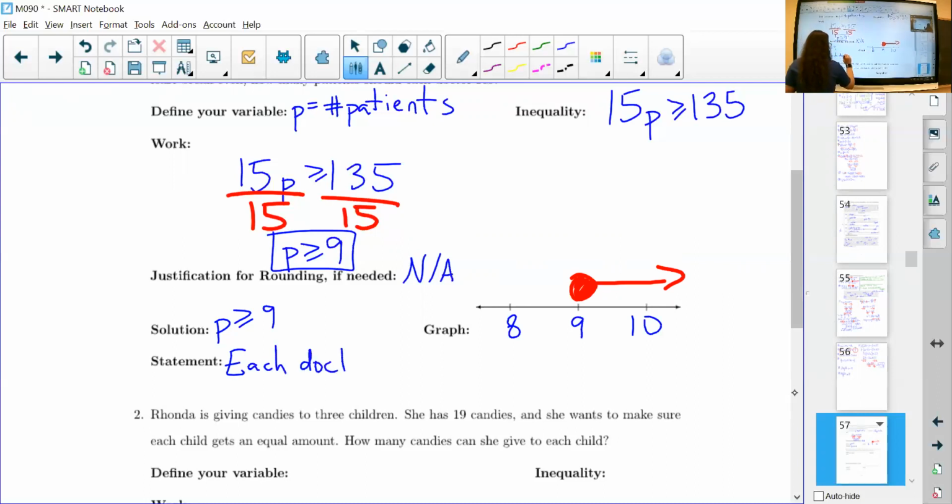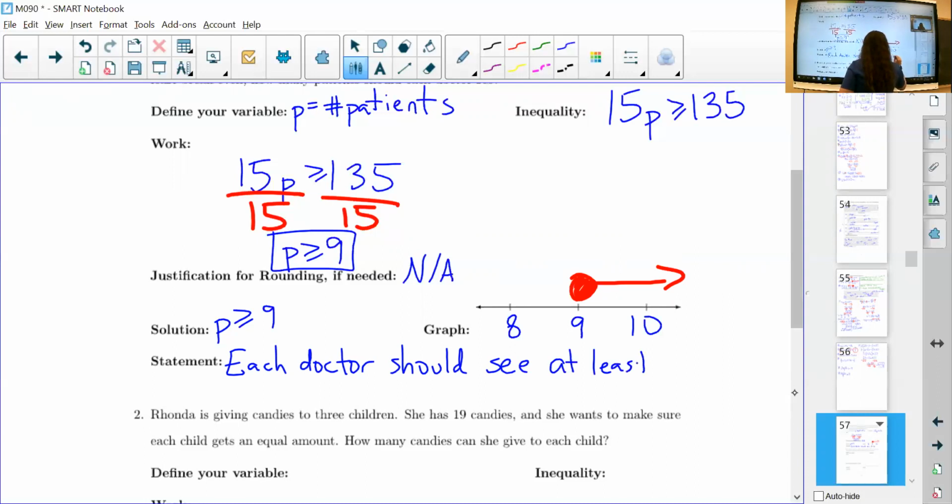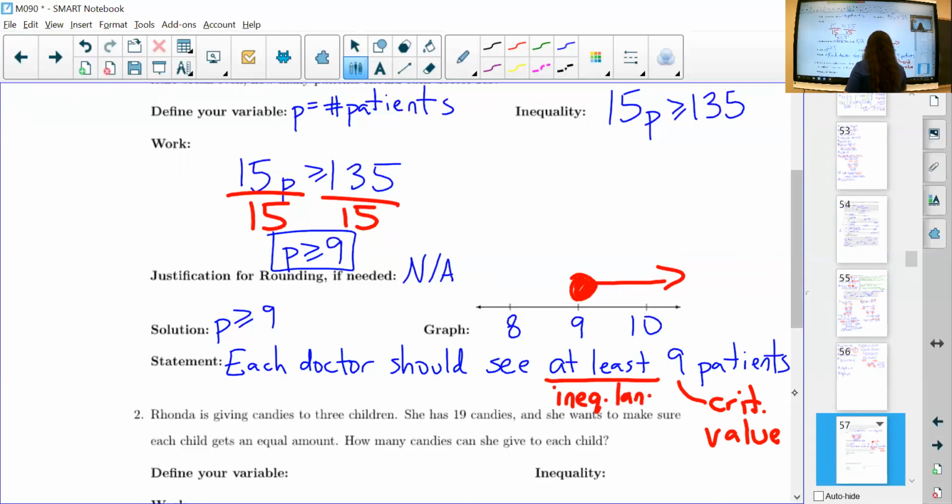Each doctor should see, I don't want to just say 9, I want to say at least 9 patients. So notice I've got my critical value in here, and I have my inequality language. Okay. Each doctor should see at least 9 patients.